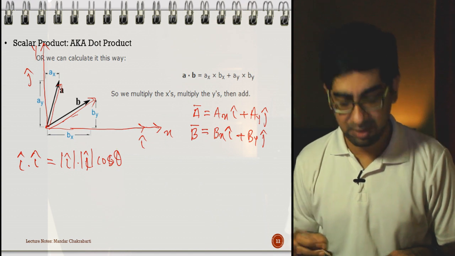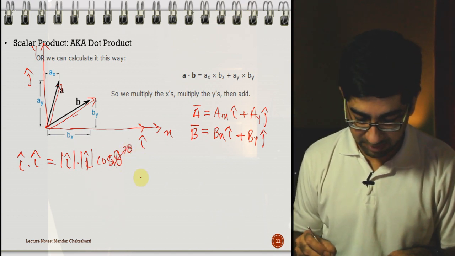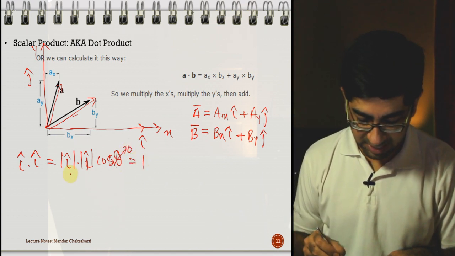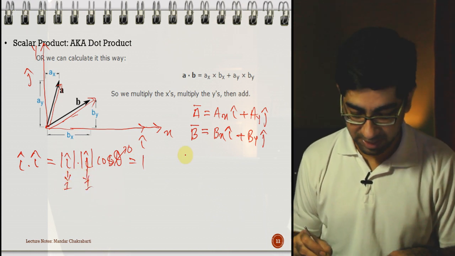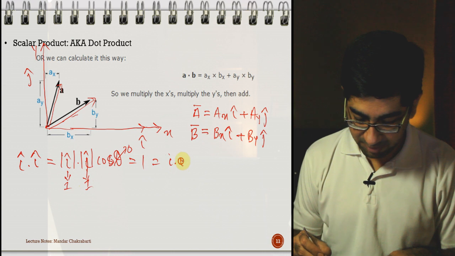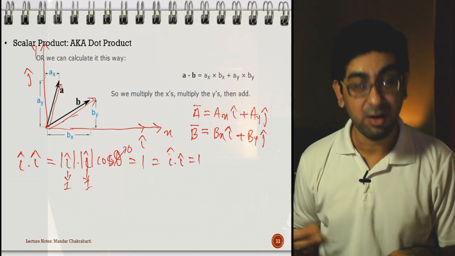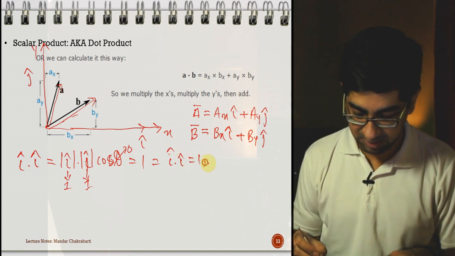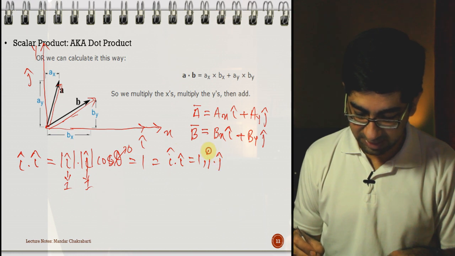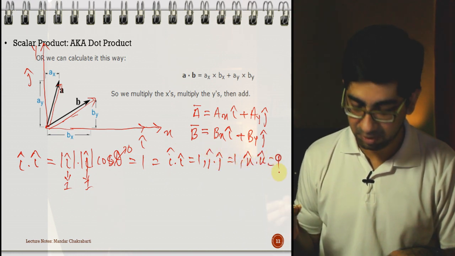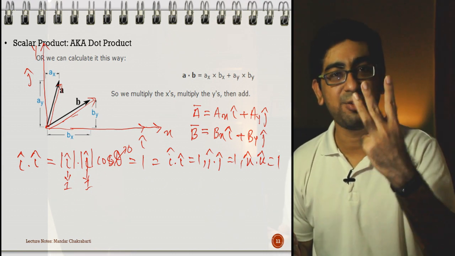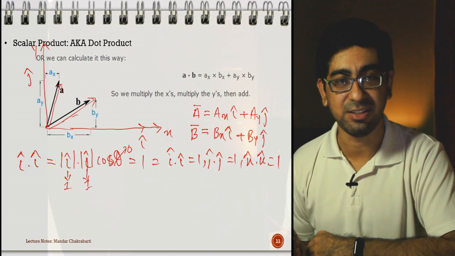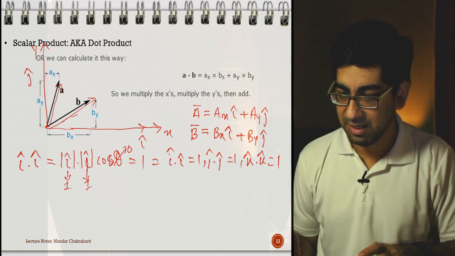What's the angle between the two of them? 0 degrees, so cos is 1, and these magnitudes are 1 only. So i dot i is 1. Same thing, j dot j is 1, and k dot k is also equal to 1 if I consider the 3 primary coordinate axes x, y and z.